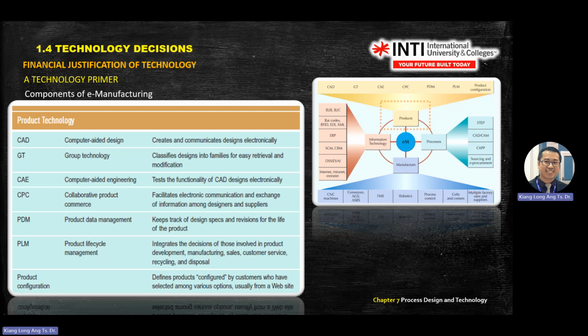Nowadays in your degree program, you learn about CAD design. In this module, you learn CAD design, CAE, computer aided engineering. You learn about ANSYS, some of you learn about SolidWorks, CATIA, you do simulation, all these things. Most of you learn about this in your FYP and also EDP projects, right?